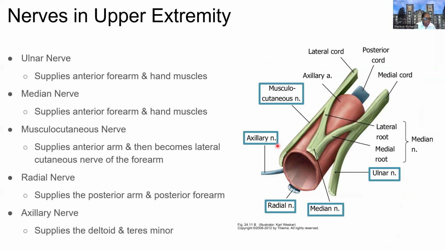Next, we have some of the nerves as they traverse, right? It's important to think about the brachial plexus. And the brachial plexus is the network of nerves that come from the cervical vertebra. So we talked about the cervical vertebral column, where we have the cervical spinal nerves that are exiting at each level.